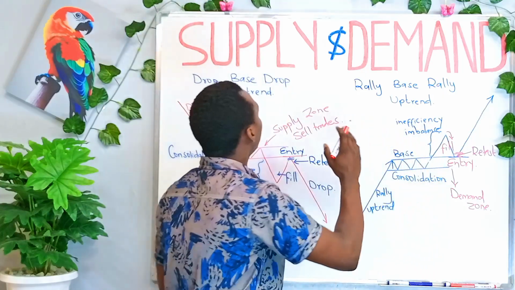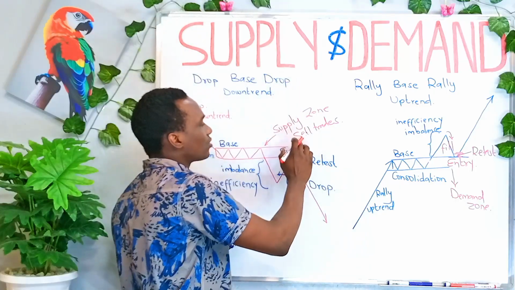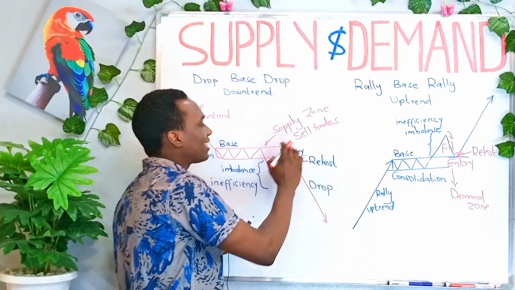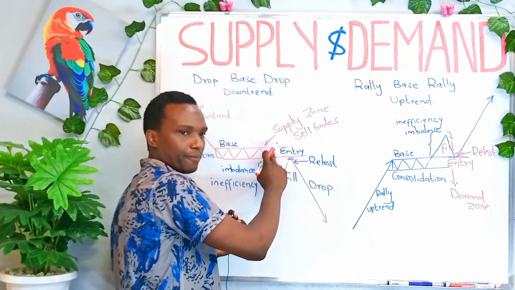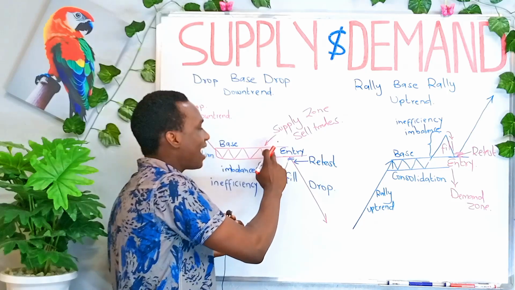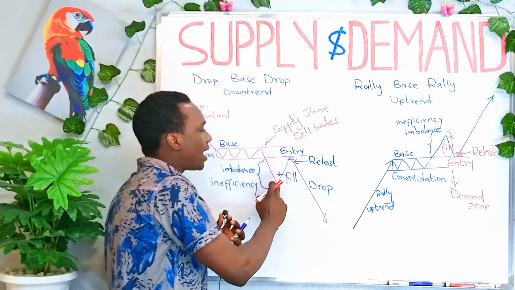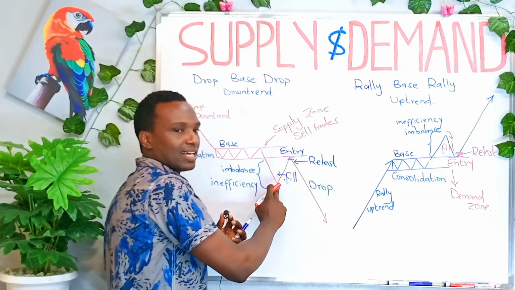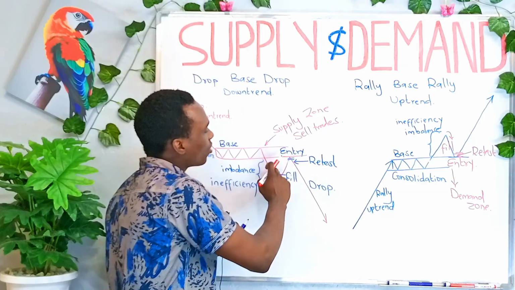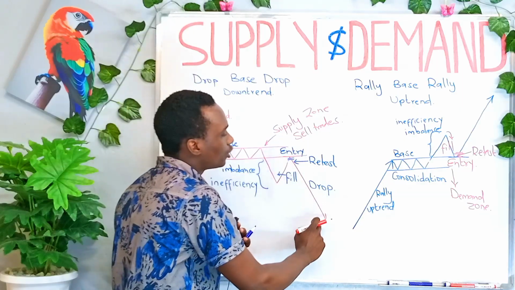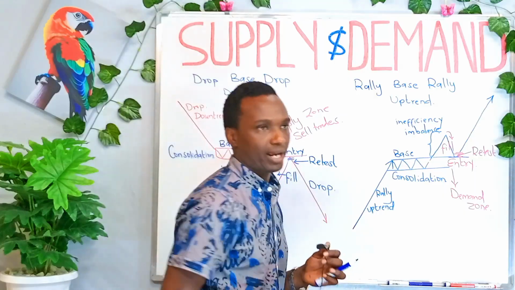While in the supply zone, we can see that this is a fresh area where the sellers have previously overwhelmed the buyers, and this leads to a sharp drop in price.